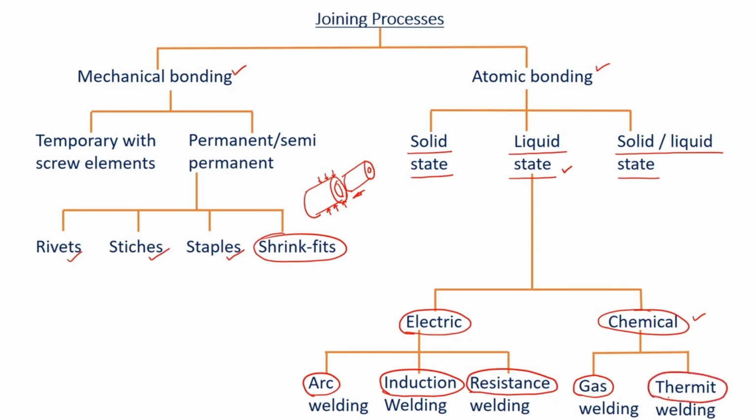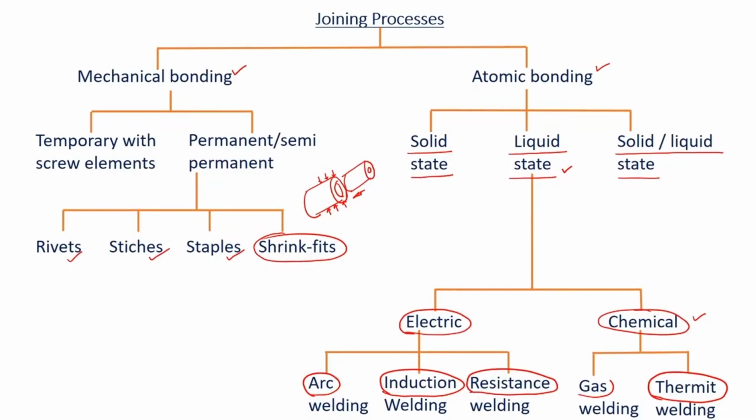Then we have a special welding process, the thermit welding process, which is used for the on-site repair of rails. Here also we are getting a chemical reaction, and that chemical reaction is generating heat, and that heat is utilized to weld the parts together.